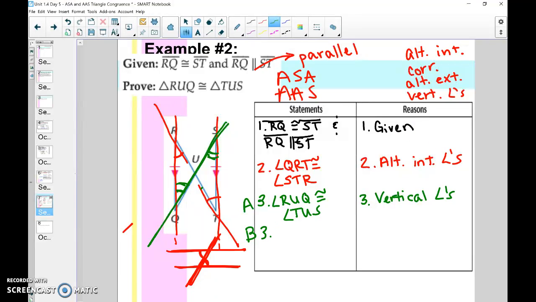So we could have also said angle RQS is congruent to angle TSU, and again by alternate interior. Depending on the way you do it is going to change which one of these you use. So figure that out for yours, whichever one you would prefer to use, write your last step, and pick the abbreviation that goes with it.